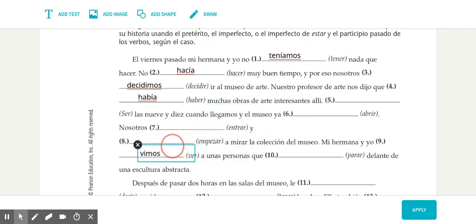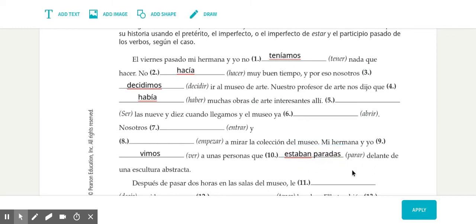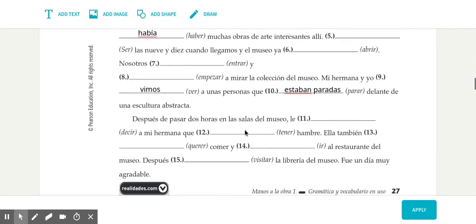Vimos a muchas personas que they were standing, right? They had stopped. They were standing in front of that. So I would say estaban paradas. That were stopped in front of an abstract sculpture.